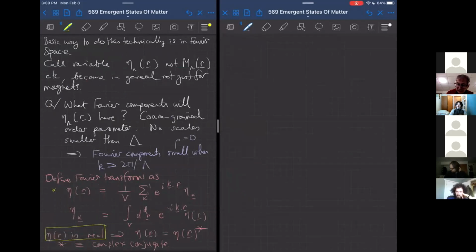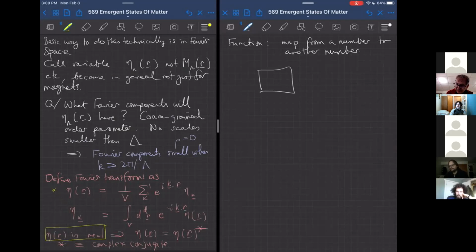When we talk about a function, that is a map from a number to another number. So it's basically a machine, and if you put in a number, then out comes another number. So that's what we mean by a function.